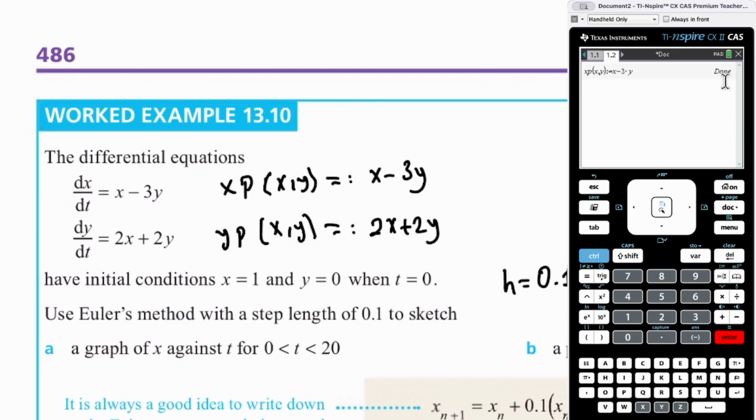It should be written down here. Now our first function is defined. The second function is yp, x comma y, control this one, it is 2x plus 2y.